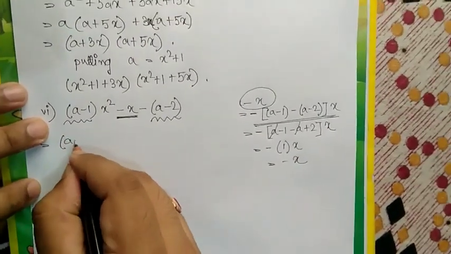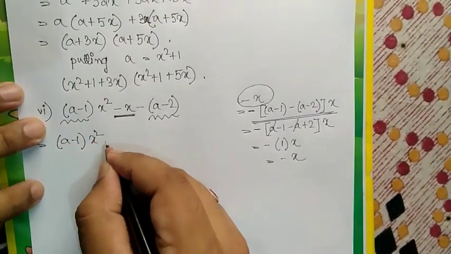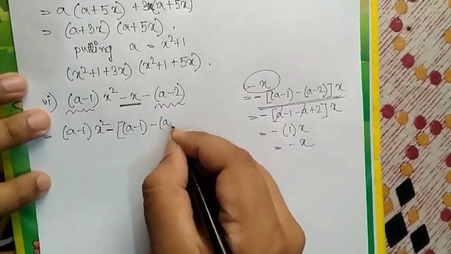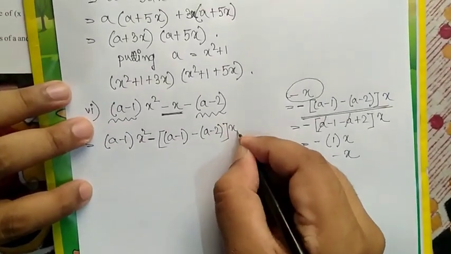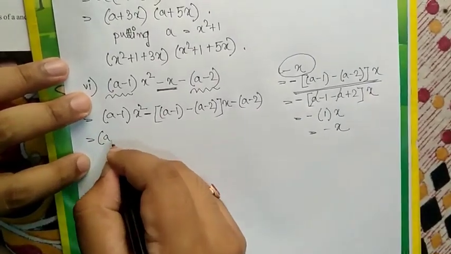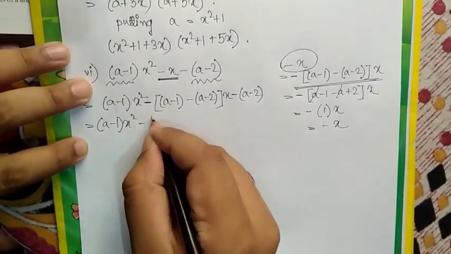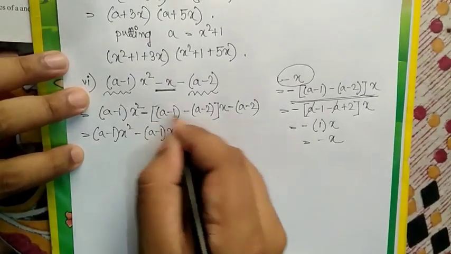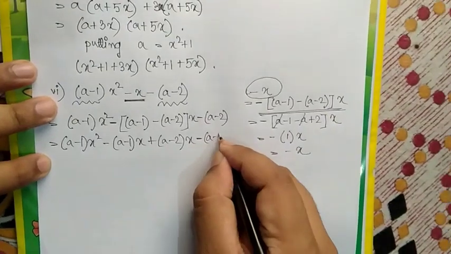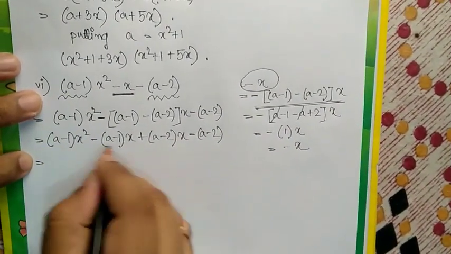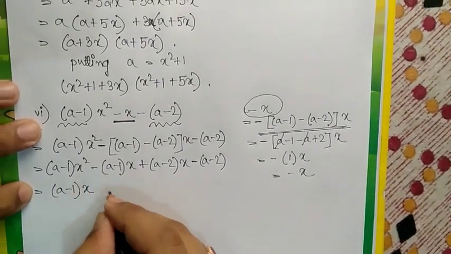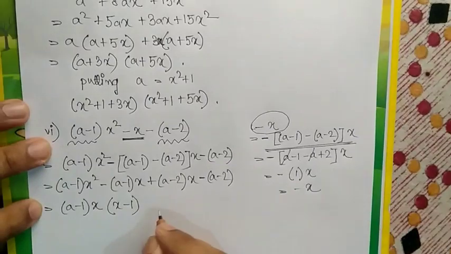So therefore a minus 1 x square minus, third bracket, a minus 1 minus a minus 2 close, x minus a minus 2. Opening those brackets, a minus 1 x square minus a minus 1 into x plus a minus 2 x minus a minus 2. Now from the first two, take common a minus 1 and x, the remaining is x minus 1.